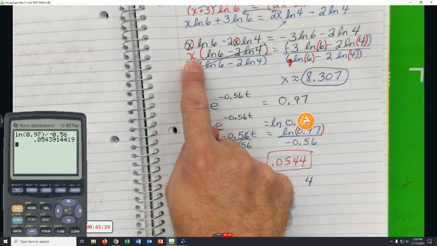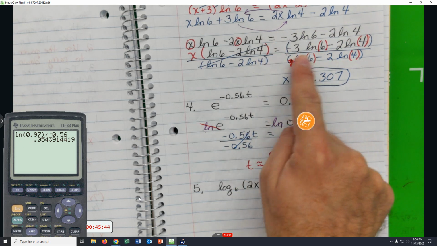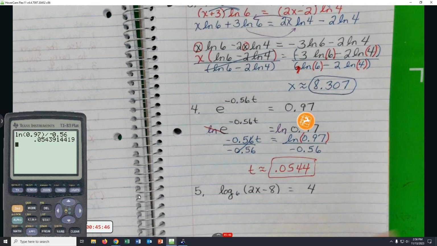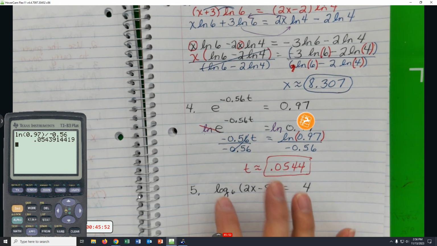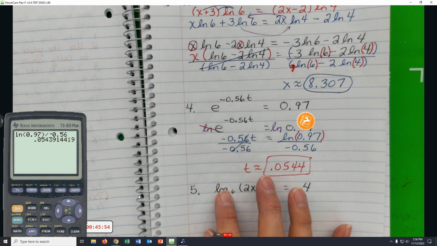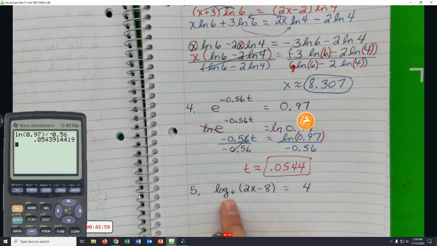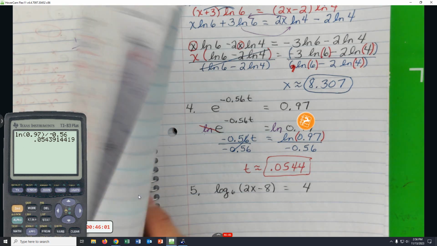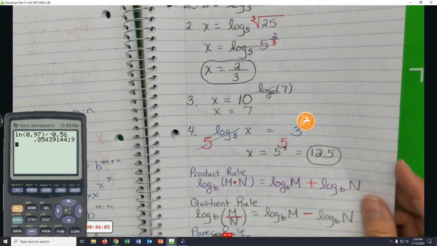Even here we have x equals this huge messy fraction. So for something like this, we just want x equals a number, but right now we have a logarithm there. How the heck are we going to get rid of that logarithm in order to get this x by itself? Let me see if I can find where we did it the last time.